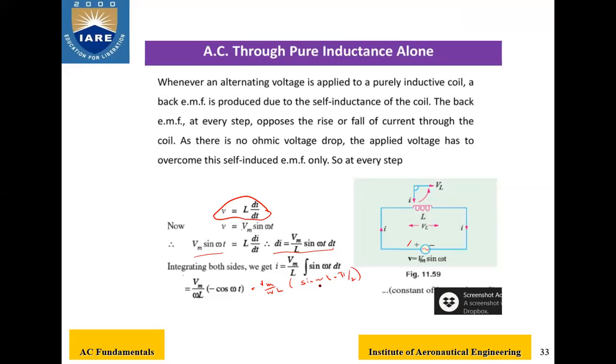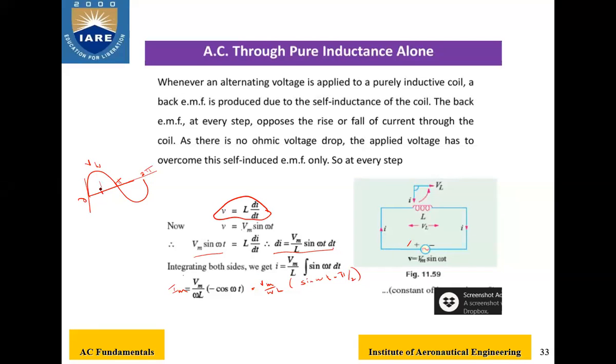Right? So here the current waveform is lagging. If the voltage is V equals Vm sin omega t, the voltage waveform goes through 0, pi, and 2 pi.